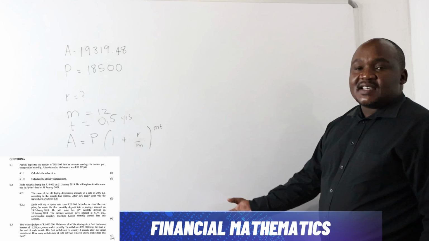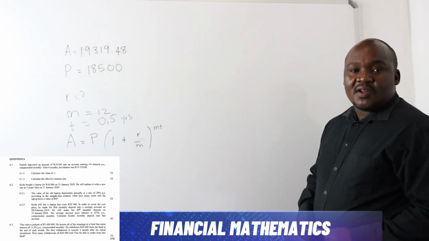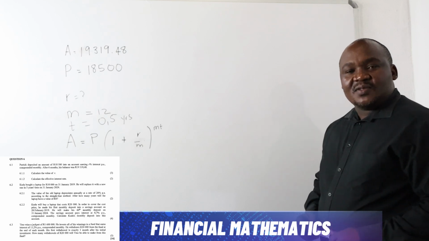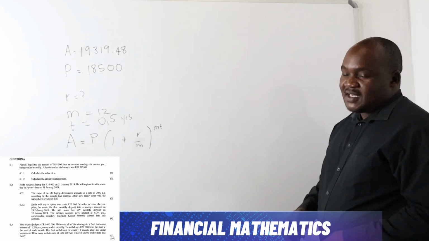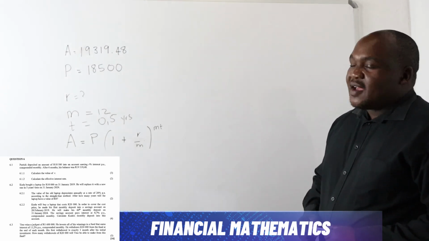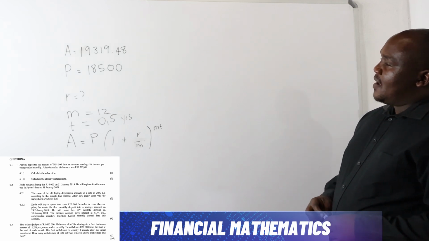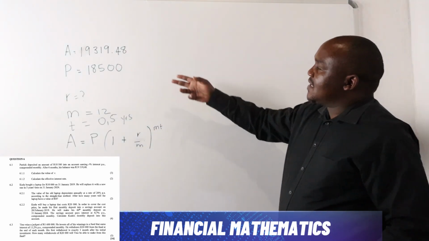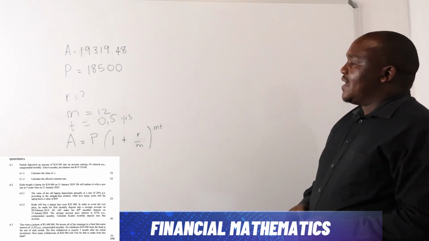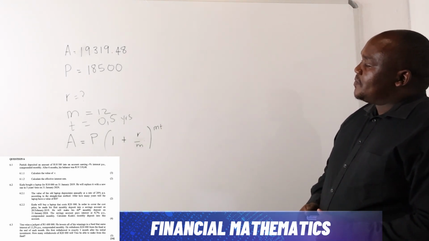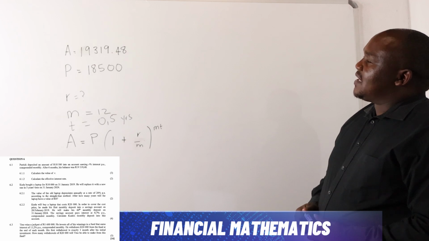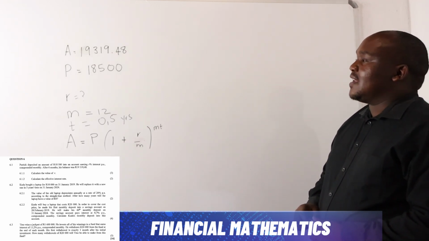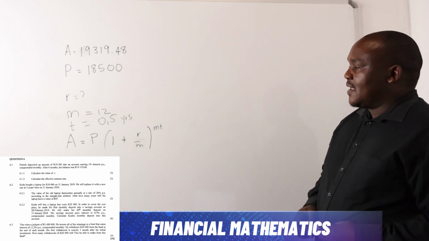As you can see, the information on the board is a previous question, from the 2023 final examination, whereby Patrick invested 18,500, and after 6 months it had accumulated to 19,319 rand and 48 cents.